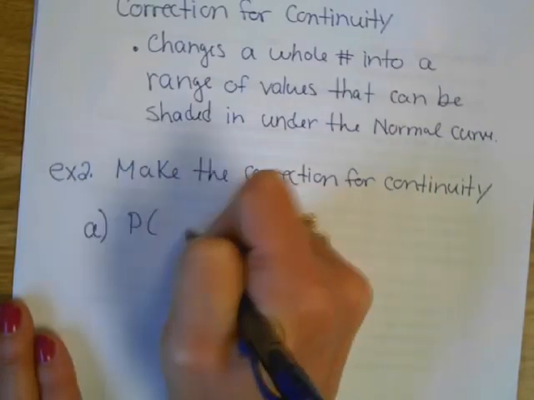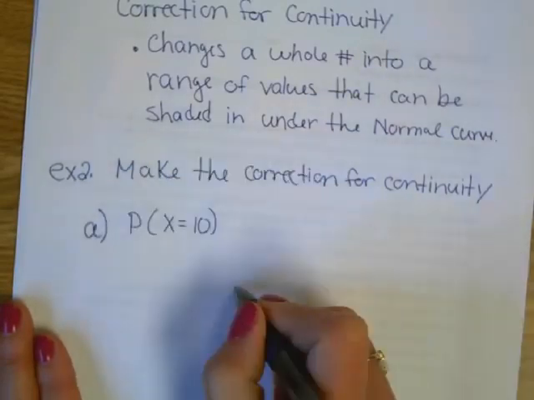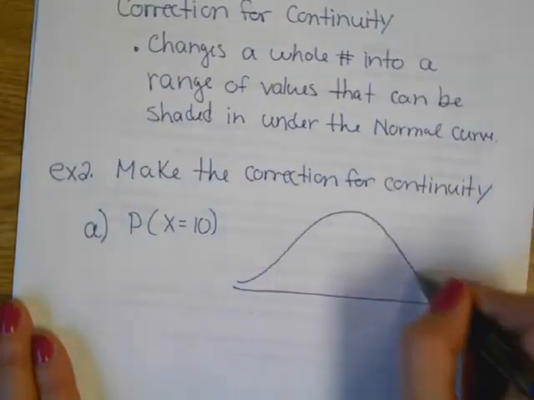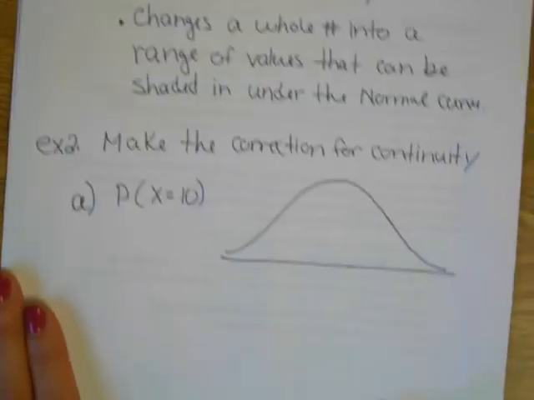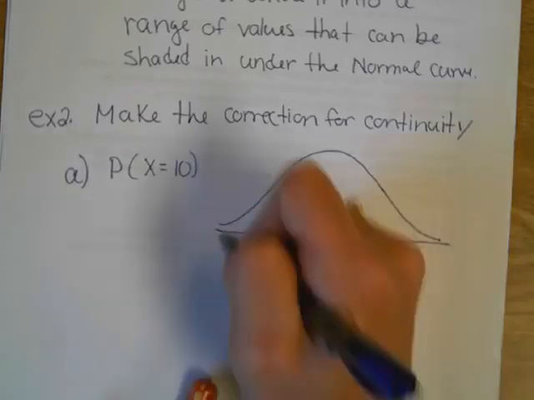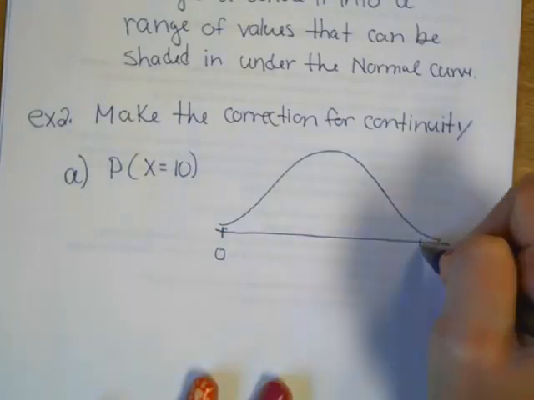So our probability question that I asked was the probability that x equals 10. And remember, for this binomial distribution, I had a 20-question test, so my smallest x value would be 0. I get 0 correct. I get them all wrong. And then all the way through, I could get all 20 correct.